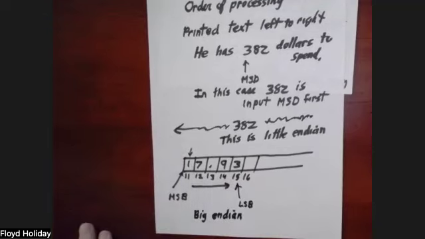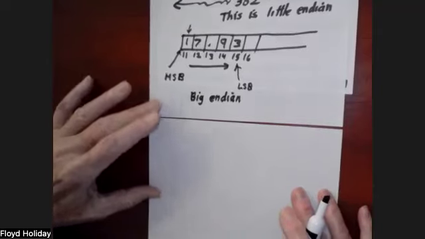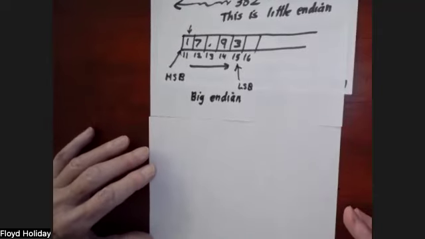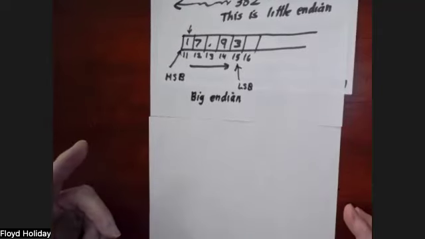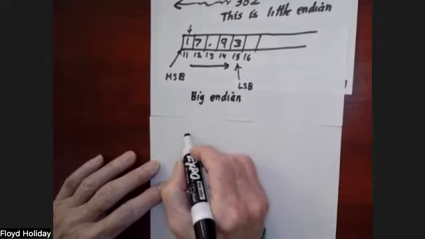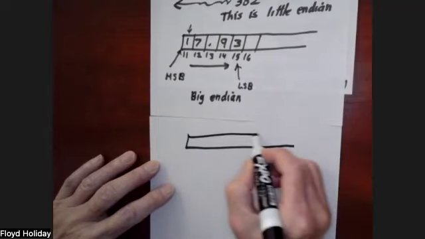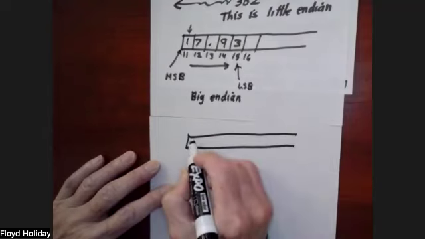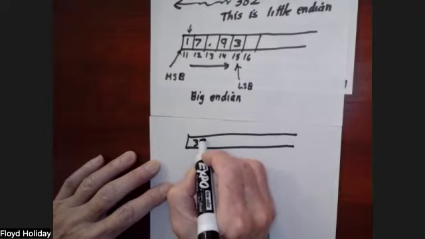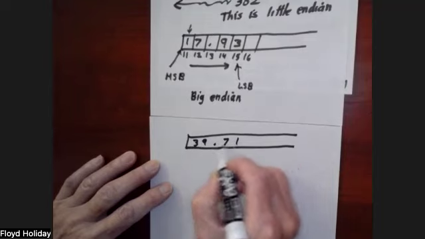Okay, what does that have to do with the price of ice cream? The fact is, computers don't do that. I just made that up. Computers would store that number backwards: 39.71.